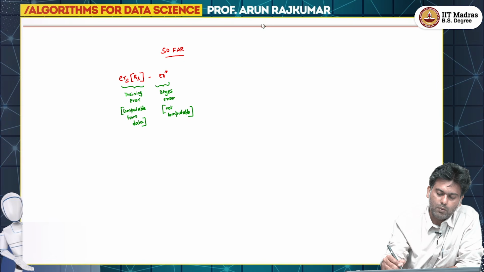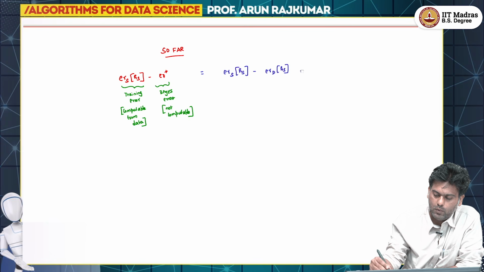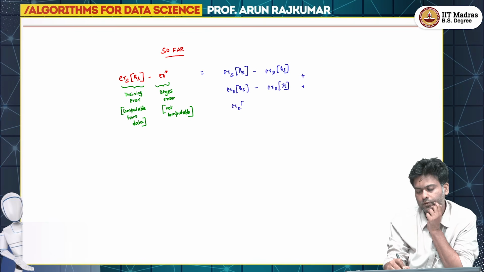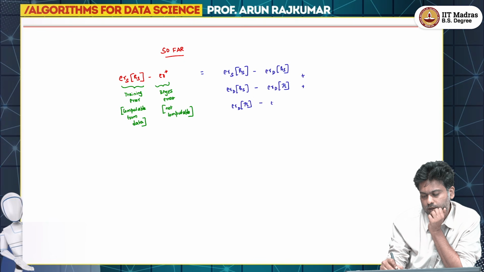We said that this can be broken down into three parts, which is R_S of h_S minus R_D of h_S. This is part 1. Plus R_D of h_S minus R_D of script H, plus R_D of script H minus R star.